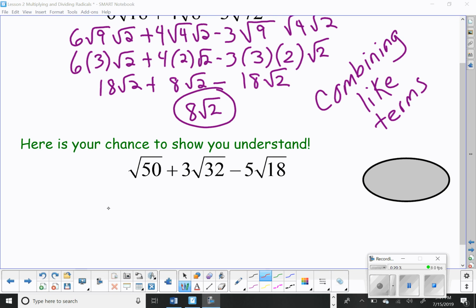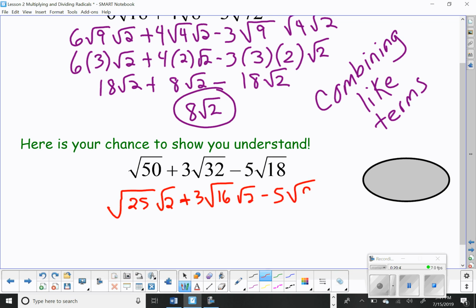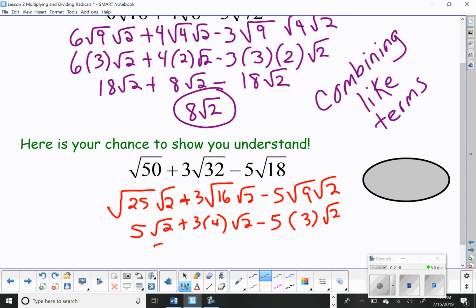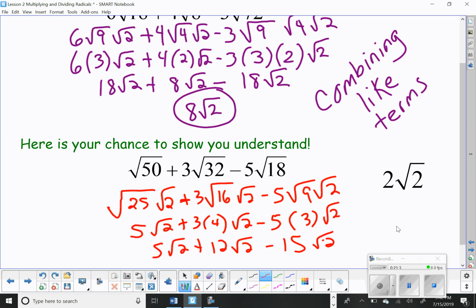Could you do square root of 25 square root of 2 plus 3 square root of 16 square root of 2 minus 5 square root of 9 square root of 2, 5 root 2 plus 3 times 4 root 2 minus 5 times 3 root 2, 5 root 2 plus 12 root 2 minus 15 root 2. You combine your like terms and you should have 2 root 2. Everybody good?